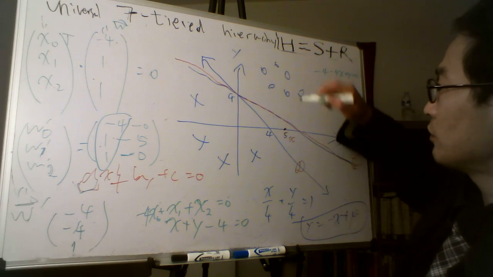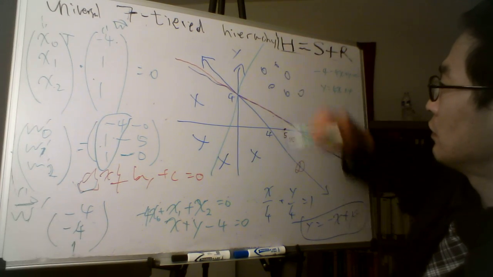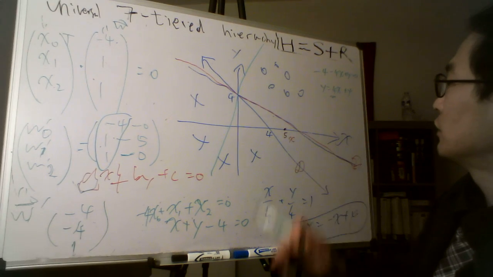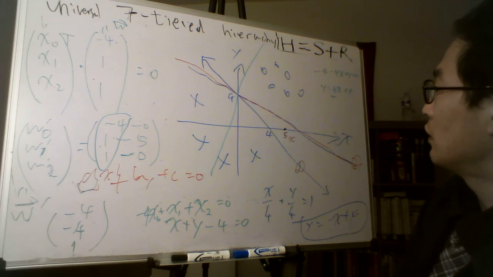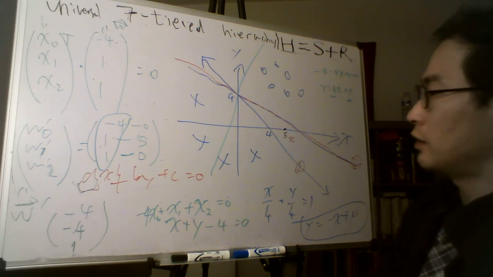But now it becomes something like this, because it's a positive slope, and since it has plus 4.